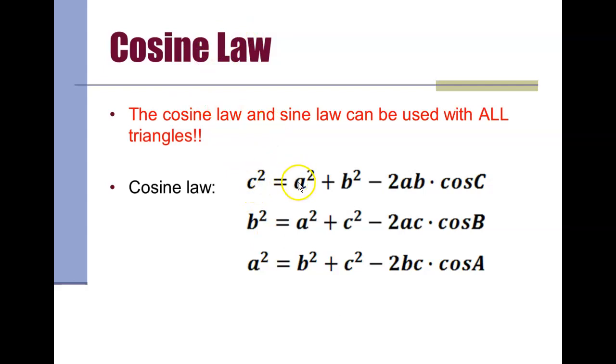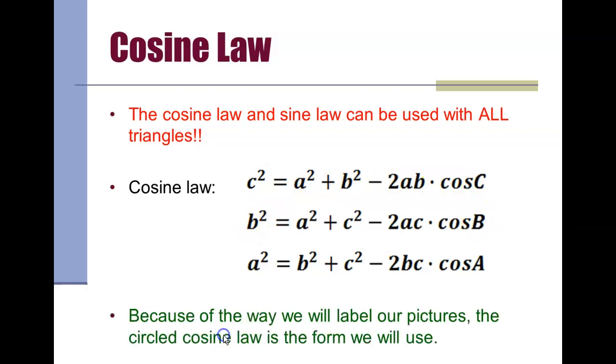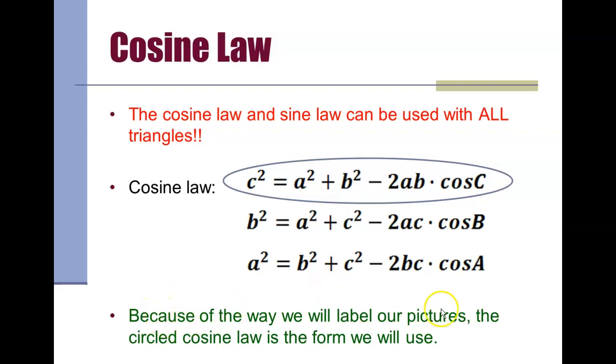You have to know the other two sides, and if you're looking for side C, you have to know angle C. If you're looking for side B, you have to know angle B. But because of the way we're going to label our pictures in physics, we will always use this version of the cosine law. So that'll make it a little bit easier for us.